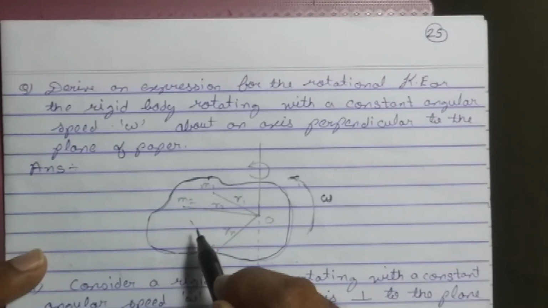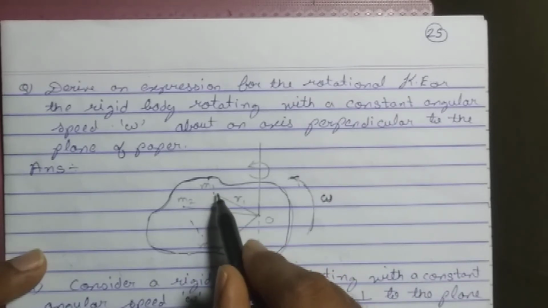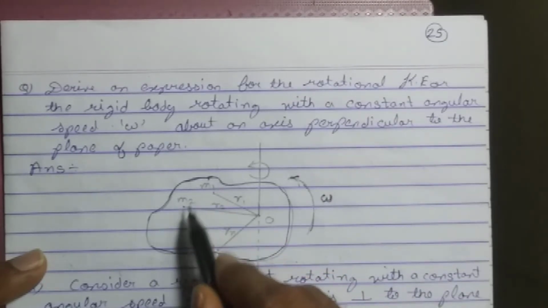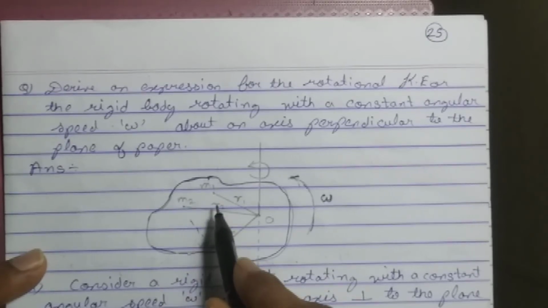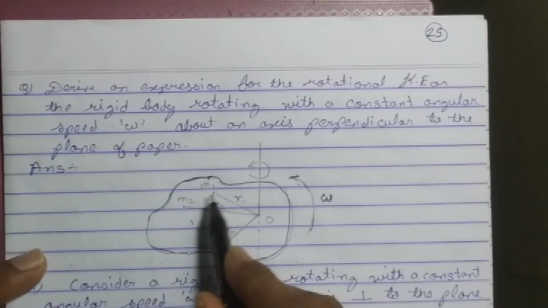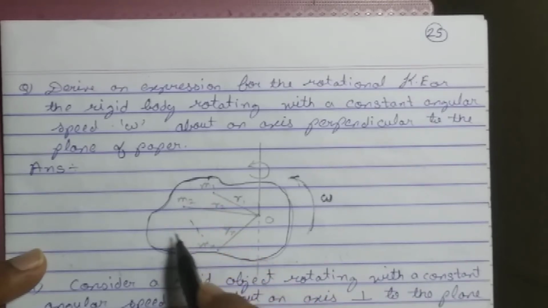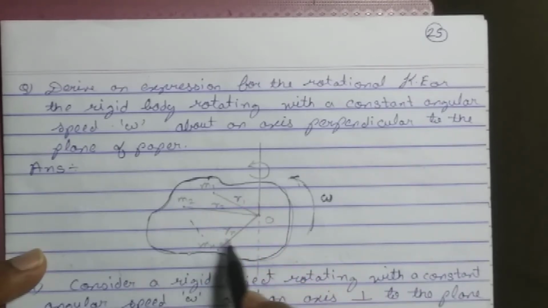So to find the total rotational kinetic energy of the rigid body, we find the kinetic energy of individual particles and then add them all, which will give us the rotational kinetic energy of the rigid body.